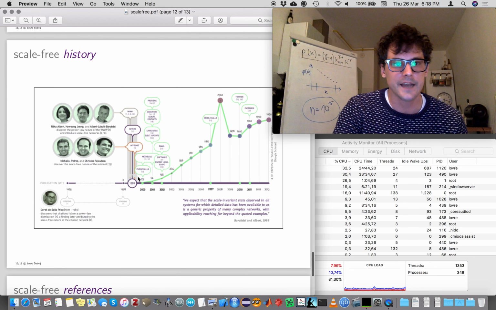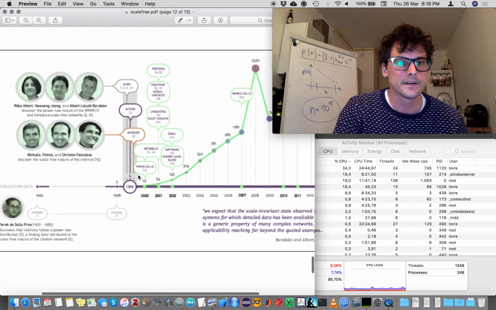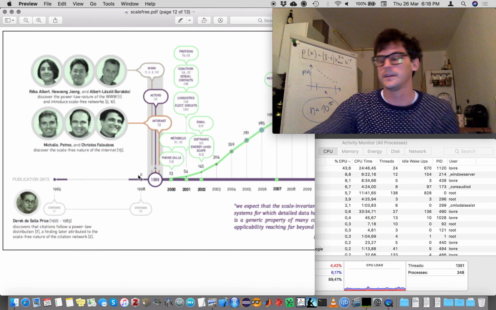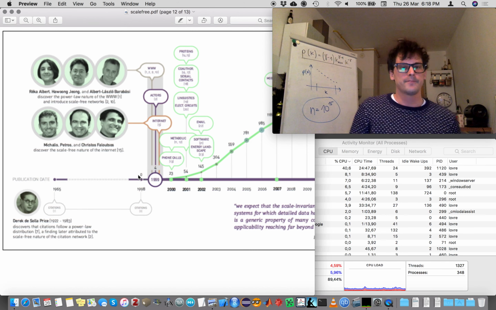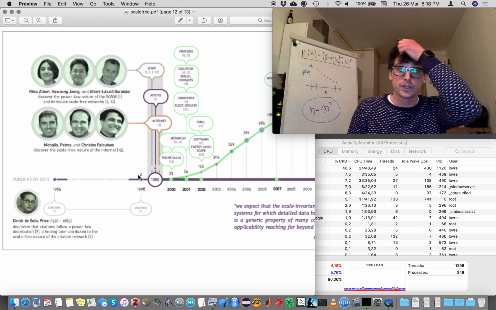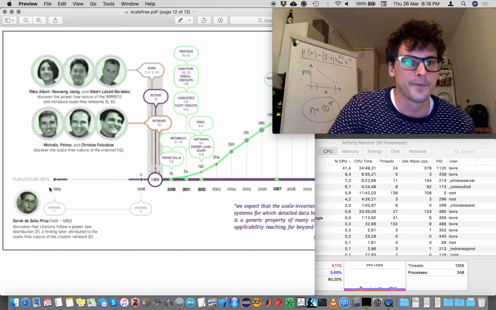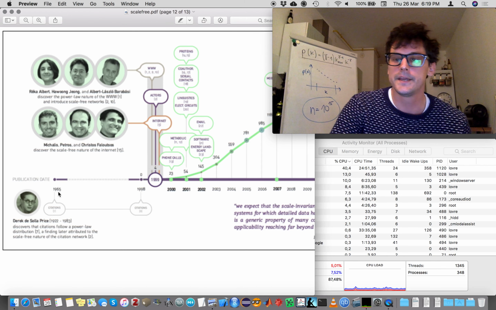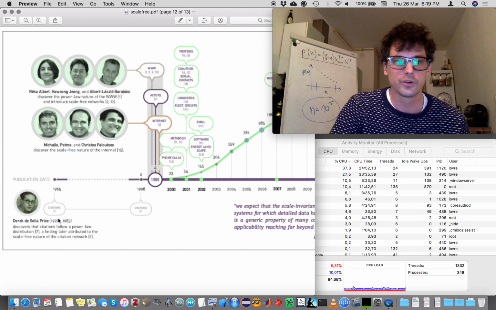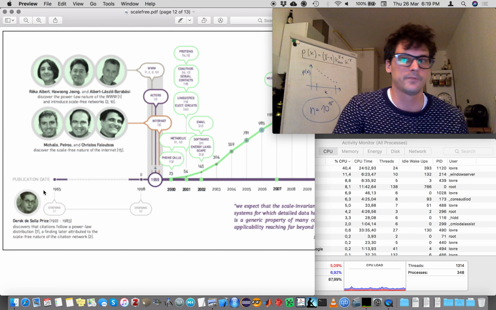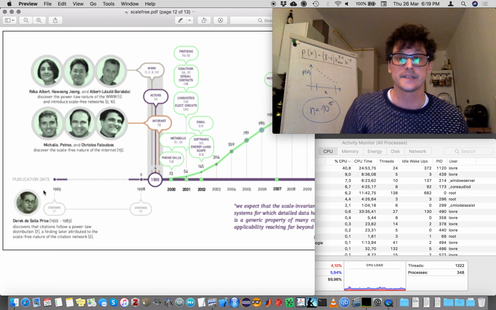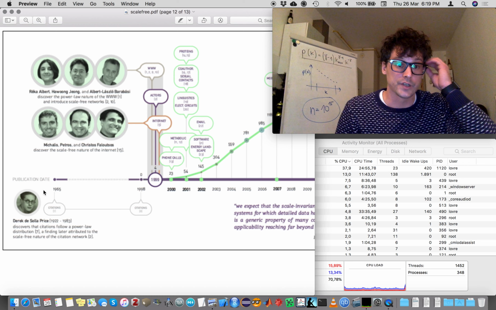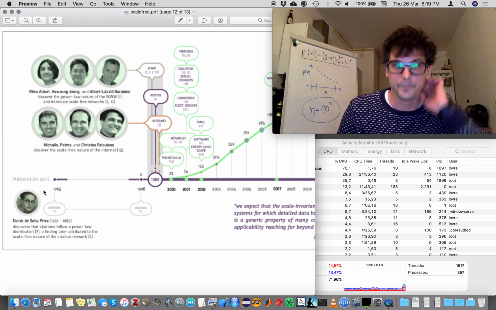Just the very last slide: how these scale-free networks, or networks with a power law degree distribution, have been reported in the literature. The first paper reporting a network with a power law degree distribution was in 1965, where Derek de Solla Price was looking at networks of citations between scientific papers and already showed that the in-degree distribution follows a power law.